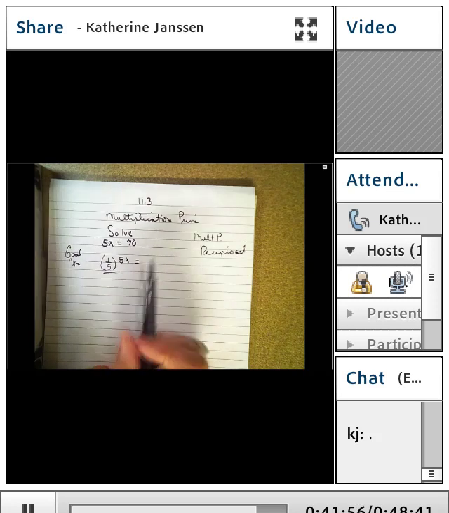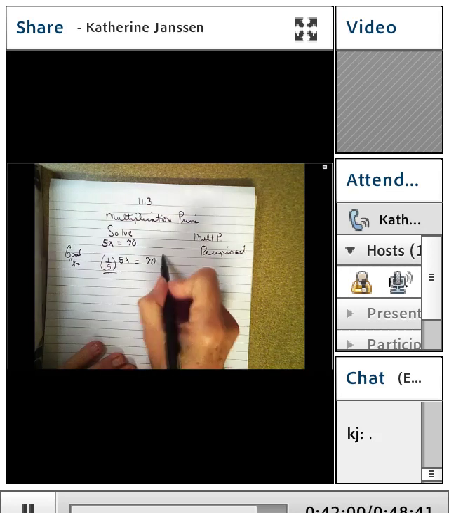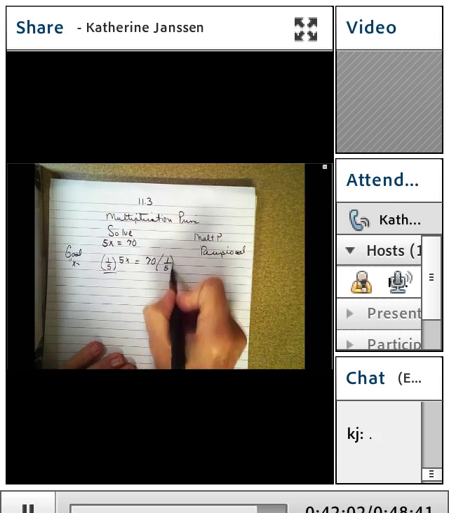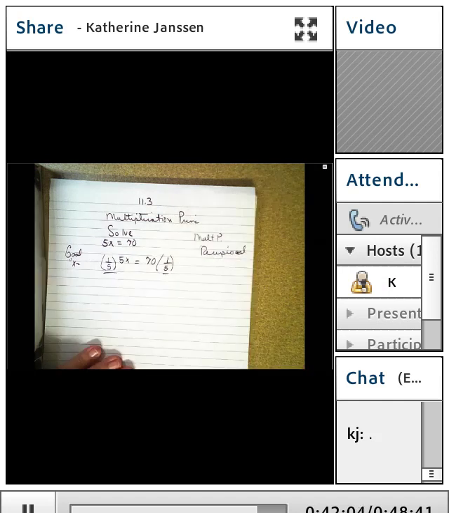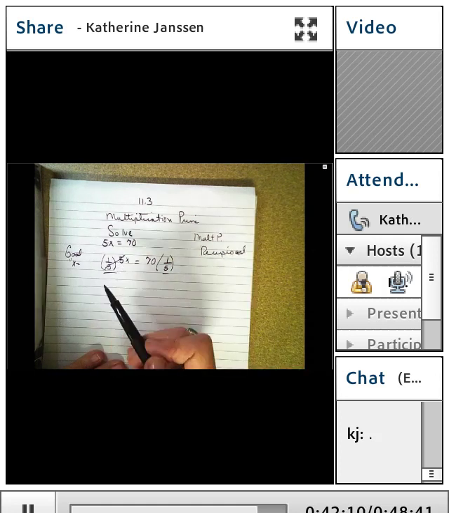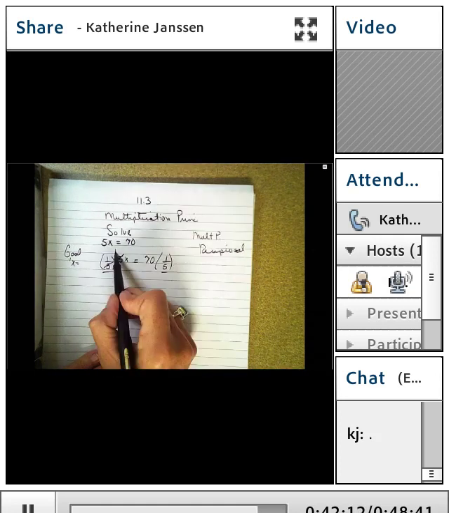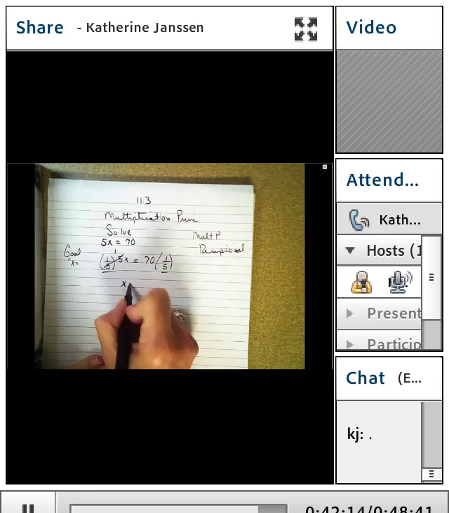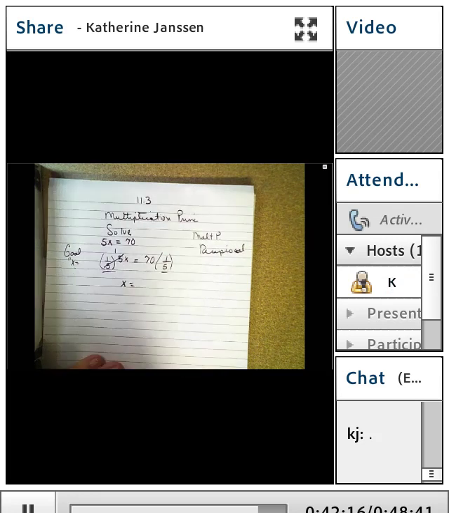But if I multiply this side of the equation by 1/5, because of some strategy, I need to multiply the other side of the equation by the same thing. Now, I chose to multiply by the reciprocal because a number times its reciprocal goes to 1. And 1 times x is x equals. I'm getting close to my goal.